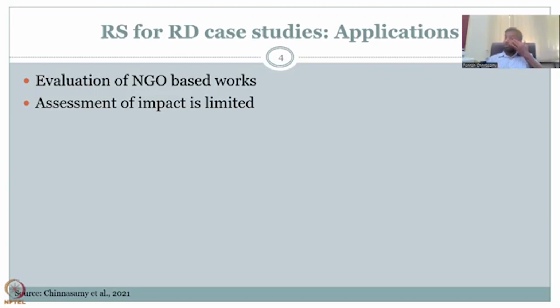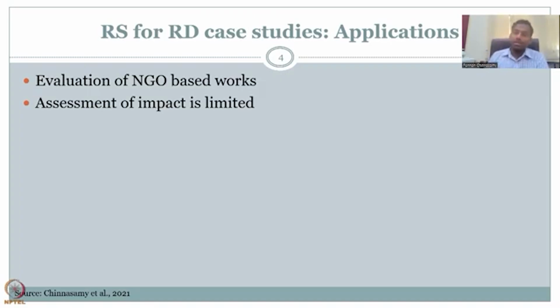Suppose we have an NGO that is working on rejuvenating farm ponds or agricultural lakes. The idea is they will rejuvenate it, people have the potential benefits, and they continue rejuvenating it. But normally what happens is they'll ask the farmers and people, oh, are you having water? And if they say yes, great, water is coming, then they happily move on to the next.